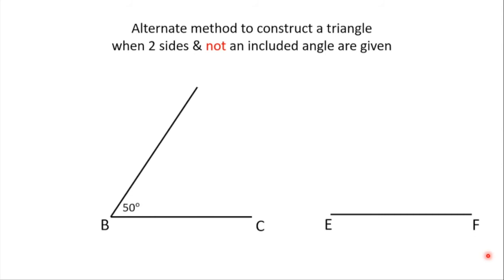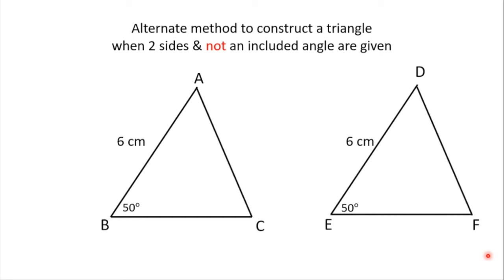Angle B is say about 50 degrees, so let us call this AB. Here also we will draw an angle of 50 degrees, call this D. Now AB is 6 centimeter and DE is also 6 centimeter. Let us join A and C, F and D in order to get a triangle.